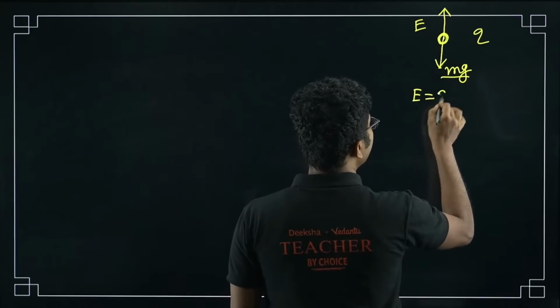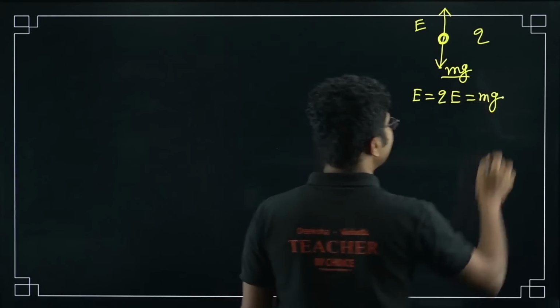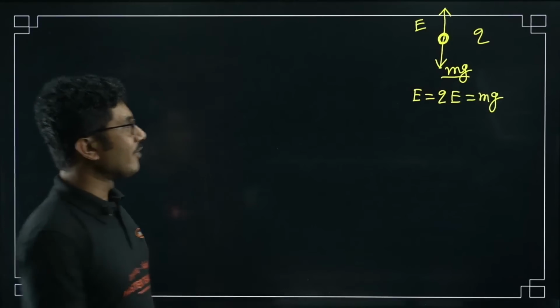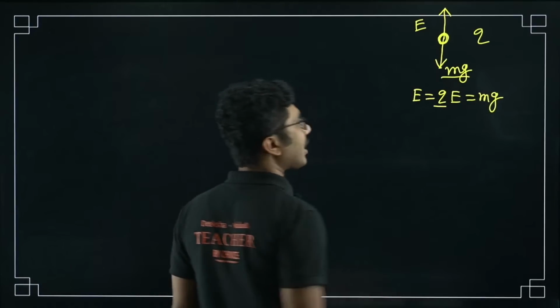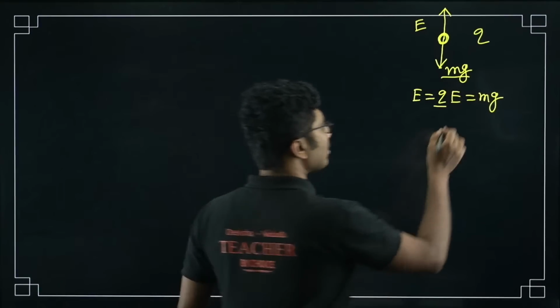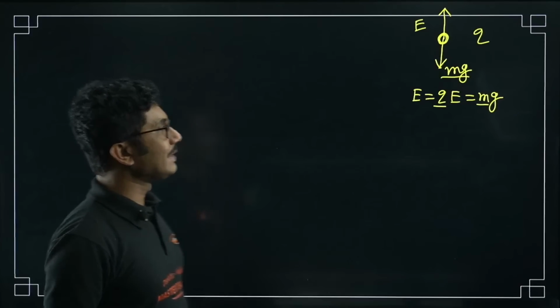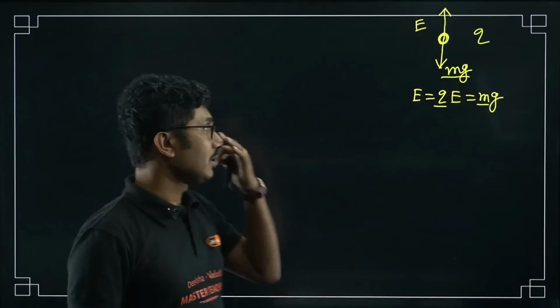So E times Q equals mg. Now the value of Q is not given, we are trying to find it. Mass is also not given, but density is given. So from the density we have to calculate mass. We will come to that in a while.